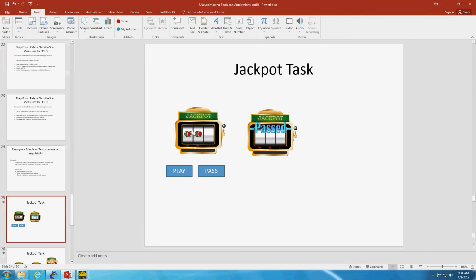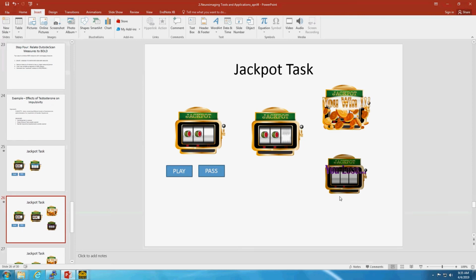This would be a low-risk condition, because they're trying to get 3 in a row: they have 2, they need 3. Then there's a high-risk condition where they have 1, and they have to get 3 to win. The winning is points, but we tie it to money vaguely. And I think if they don't win, they lose points. I think. Is that right? Yeah. So it's kind of a risk-based condition.